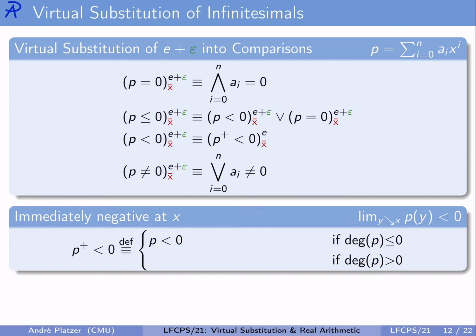Remember, we're in the business of actually defining what it means to add an epsilon infinitesimal to that. That doesn't move so far as to touch a root. So if p is less than 0, then p will still be immediately negative at x, because by continuity, we don't go from negative to 0 without having moved a bit of a distance.